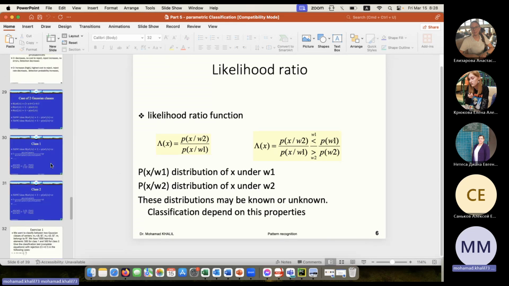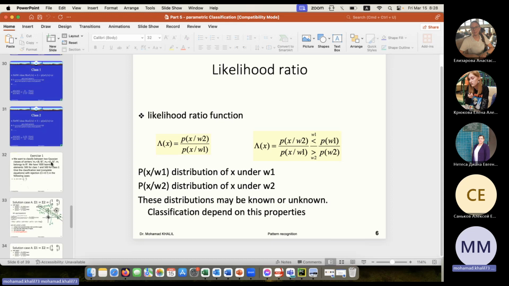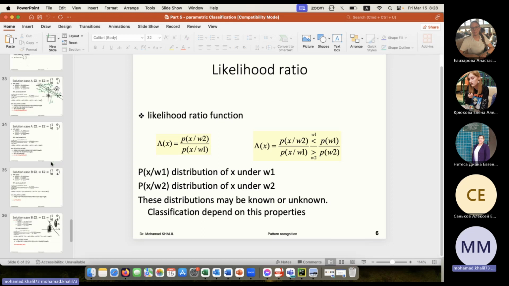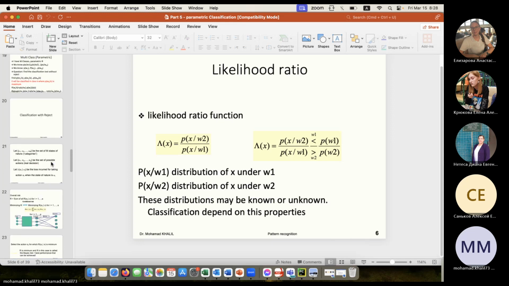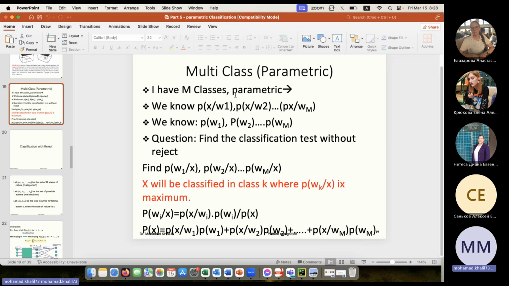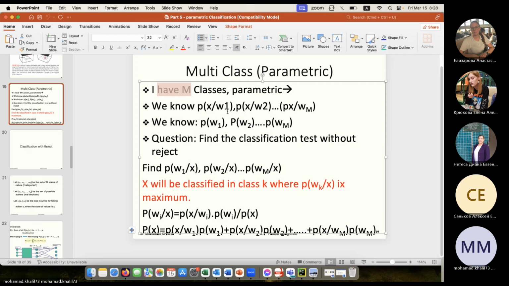And we have seen at the end that in case of multi-class, that means if you have m classes, not only two, we cannot do the ratio. So you have p(x|omega 1), p(x|omega 2), up to p(x|omega m).